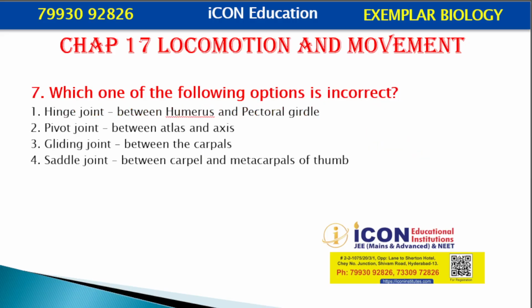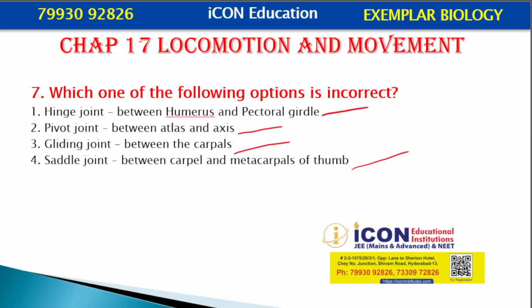Which one of the following options is incorrect? Hinge joint between humerus and pelvic girdle, pivot joint between atlas and axis, gliding joint between carpals, saddle joint between the carpal and metacarpal of the thumb.